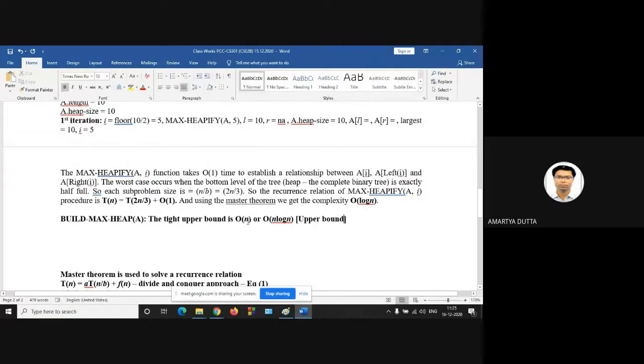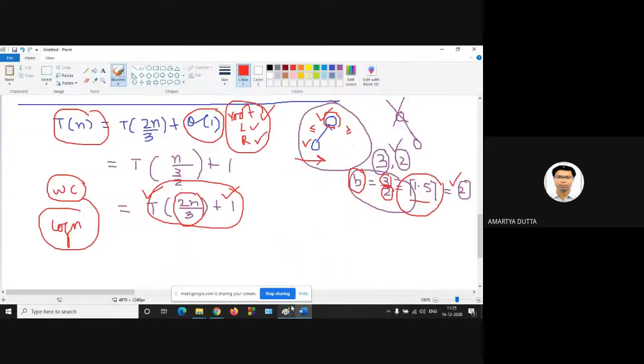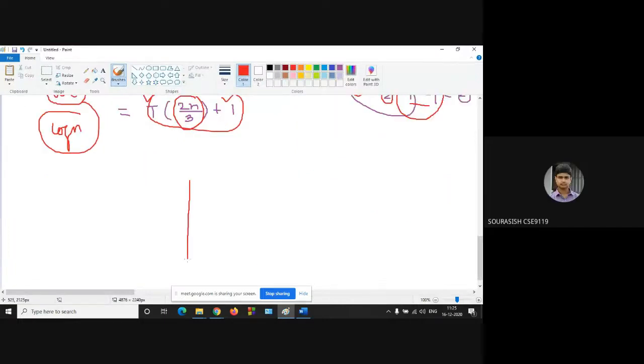Which one is larger, n or n log n? n log n is larger. Let this be n and this be n log n. This is the input size and this is the growth of the function.